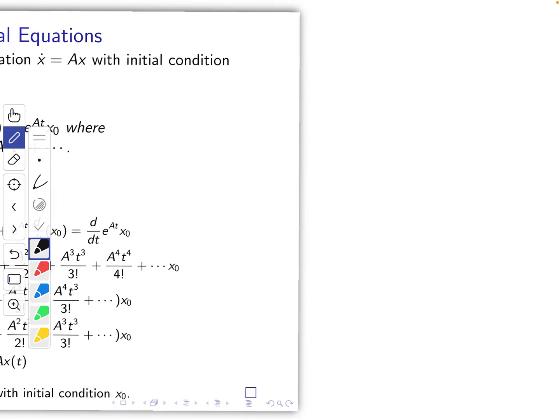Suppose I have y triple dot plus 3y double dot plus 2y dot plus 4y equal to 5u. This is a linear constant coefficient differential equation. I can create a state.